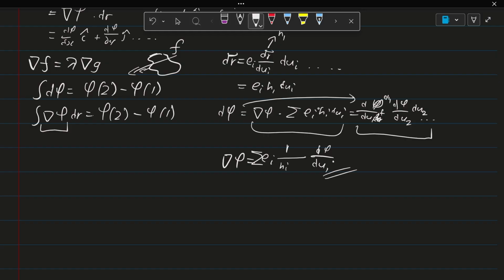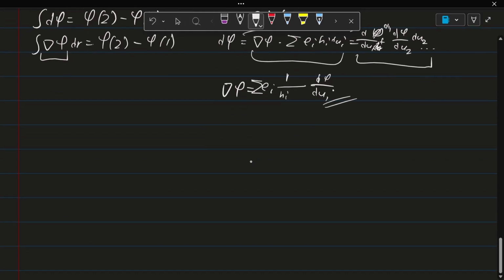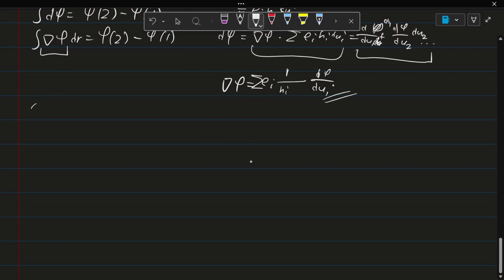So let's talk about the curl. What's the curl exactly? The curl pretty much starts from the idea, if you take a contour integral of f dot dr, the question is, can I express this in another term?